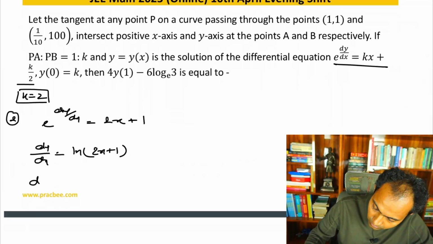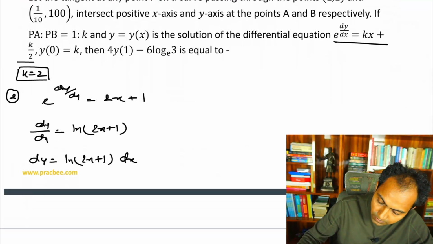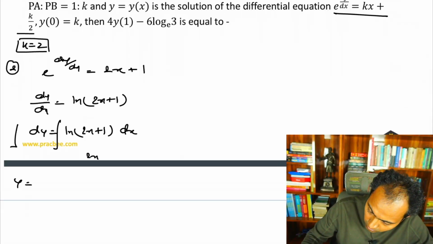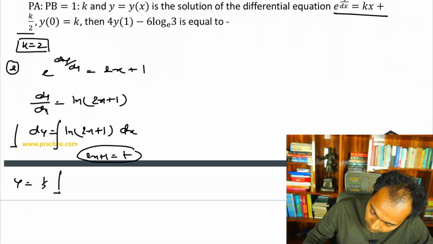So if I want to get the value of y, it is log of 2x plus 1 into dx. And now we can integrate this. For integrating the right hand side, what we will do is we will put 2x plus 1 as nothing but t. So what is happening? Twice of dx will be equal to dt, 1 by 2 will come. This is ln t dt.